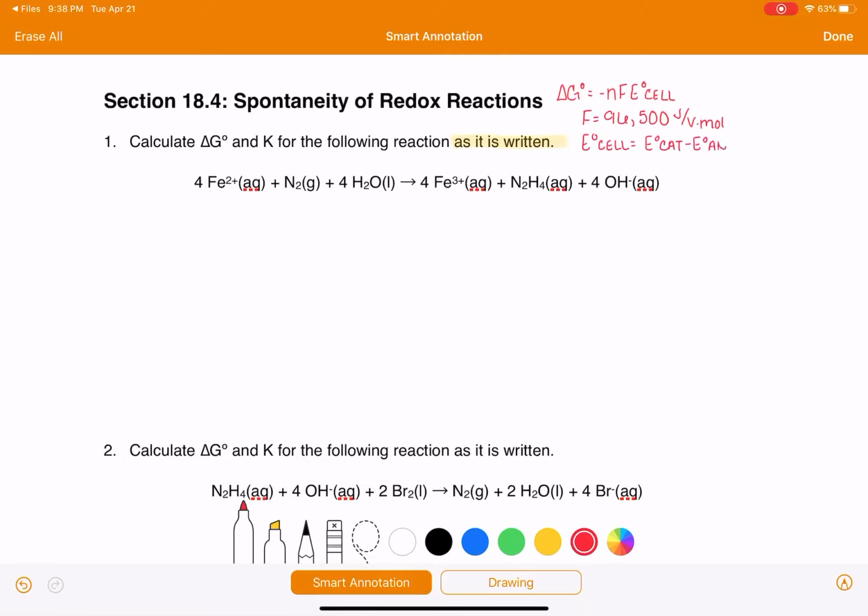And remember, red cat: cathode is the reduction, and oil rig: reduction is gain, oxidation is loss.